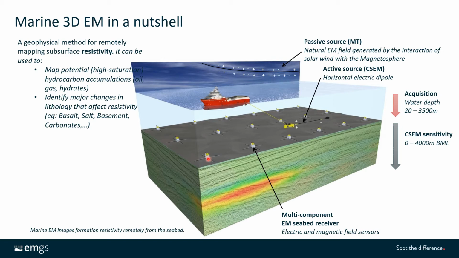So it's not possible that we can image each and everything at a very deeper depth. So CSEM also has a limitation in terms of the depth. Depending on the sensitivity, it can detect the reservoir from 0 meter to 4,000 meter below the mud line.